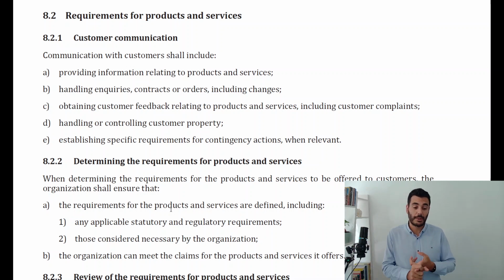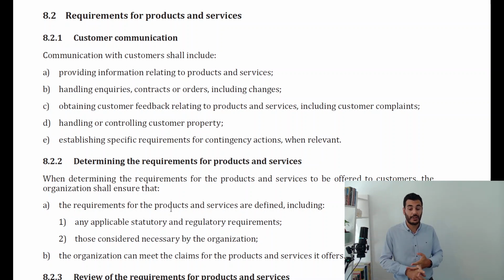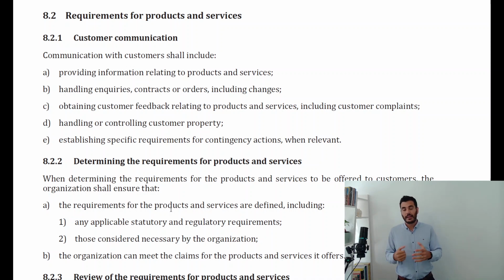For example, obtaining customer feedback is mentioned in Clause 9. Customer complaints is mentioned later on in Clause 8. Handling or controlling customer property is mentioned also in Clause 8. And establishing specific requirements for contingency actions when relevant is too a generic statement for us to do anything with it.